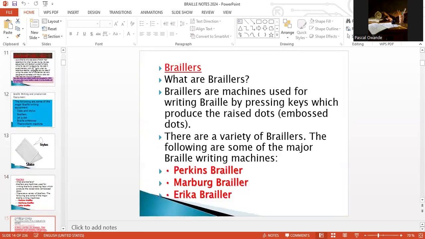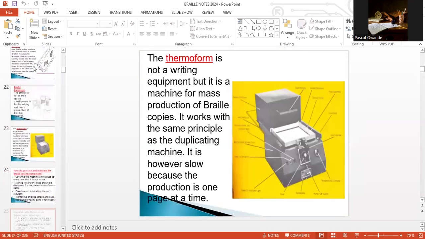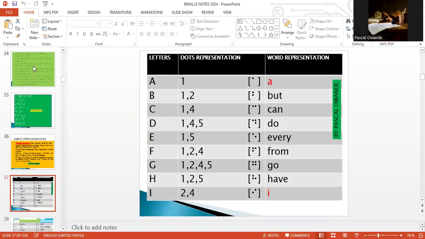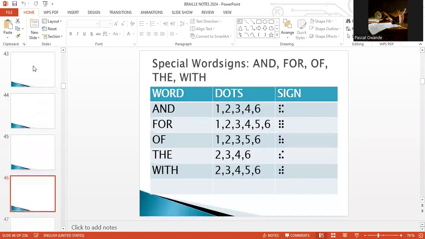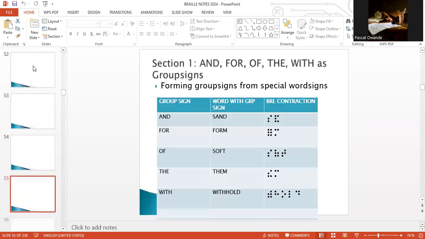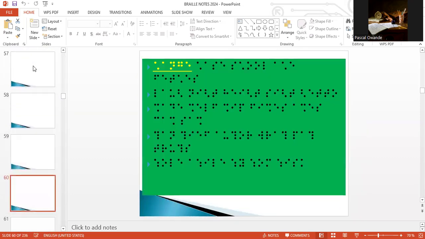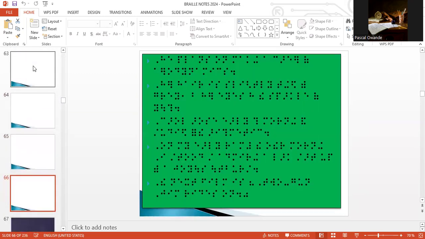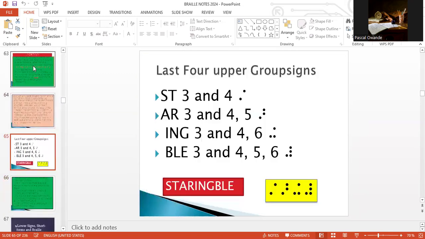We are still looking at basic English Braille, IE 021, and we have been studying. Today I want to have a lesson on the last four upper group signs.